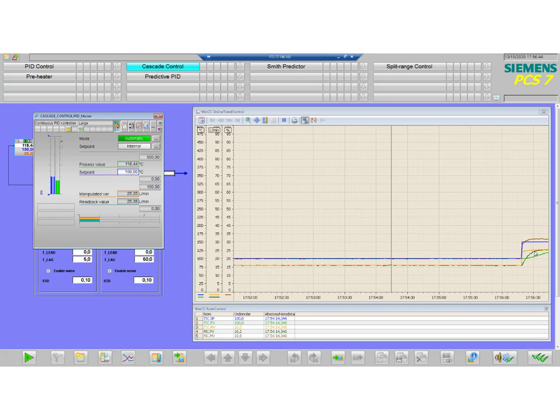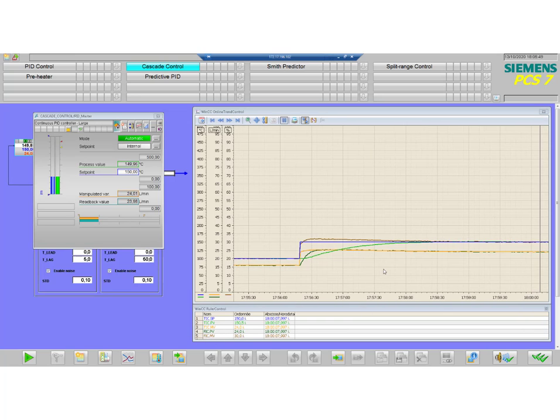Here, this curve over here is the inner PV, right? And you can see here in light green, this is all indicated over here. So the outer controller is a temperature controller and the inner controller is a flow controller. And this is the response that we obtain after a while.